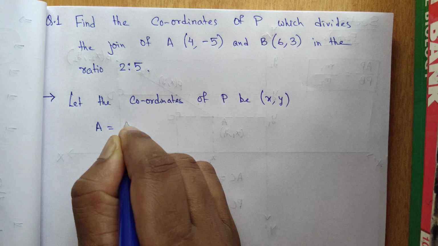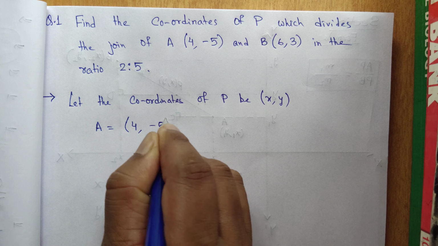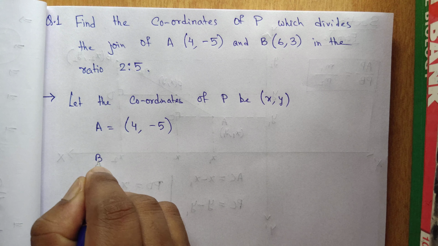So first thing you'll write is, let the coordinates of P be x comma y. Okay, so what you have? The coordinates of A are 4 comma minus 5, and the coordinates of B are 6 comma 3.